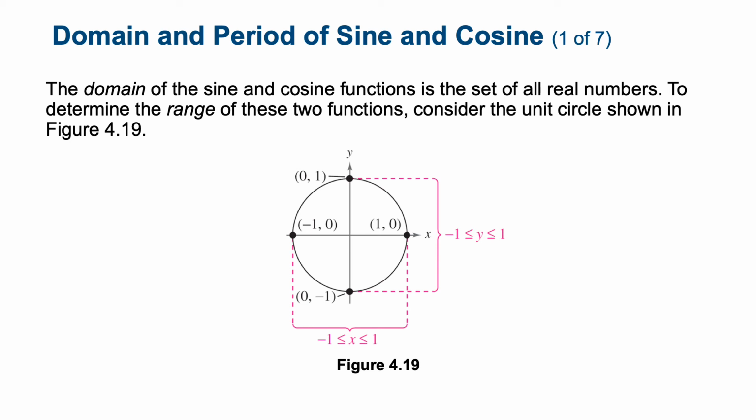If you were just to count the points, there's infinitely many points possible between two points that are connected by a smooth line that has no holes in it. So you can say this is the set of all real numbers, because you can take every single possible little tiny point and correspond it to a point on the number line. Okay, so anyway, the domain would be all reals, and then the range will just be -1 to 1.